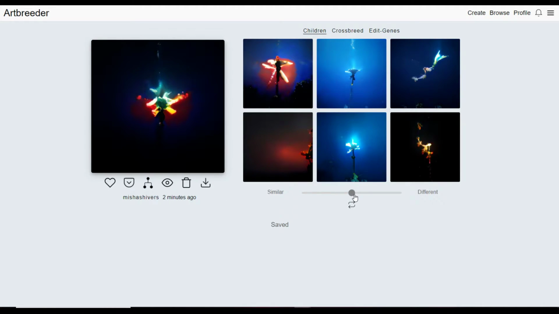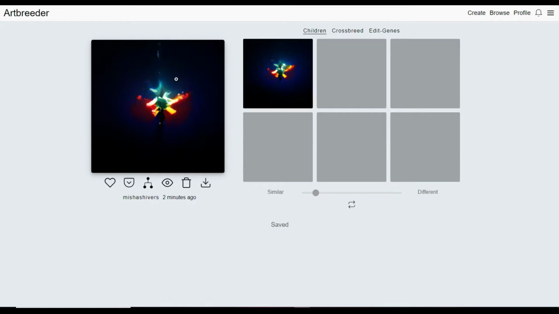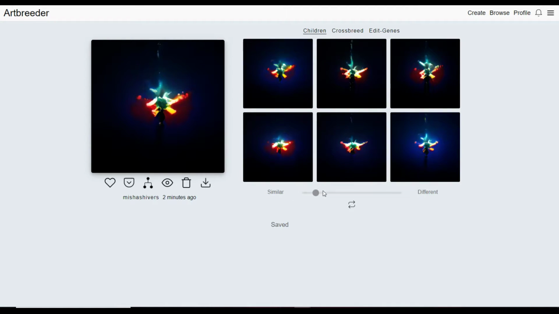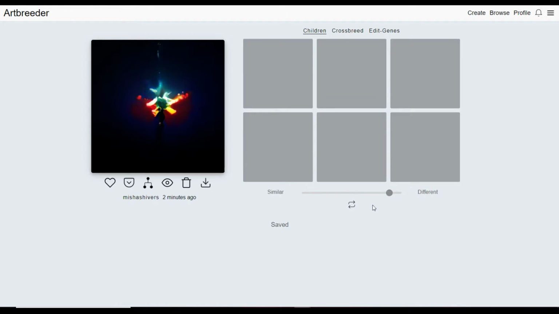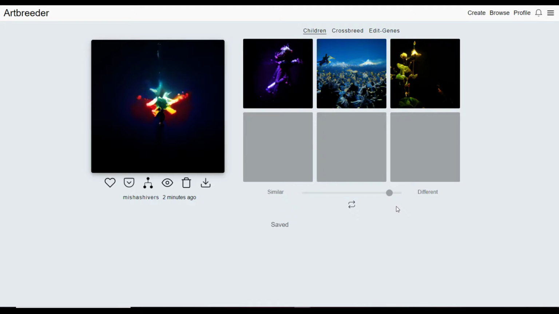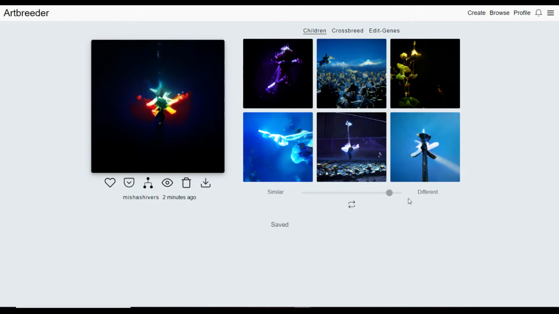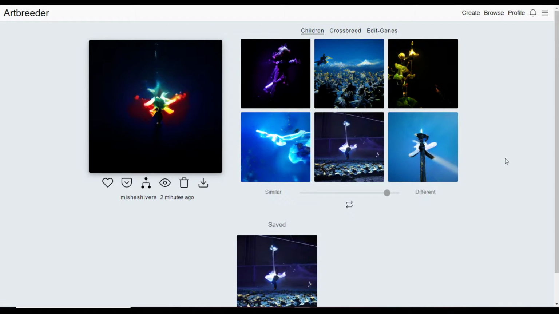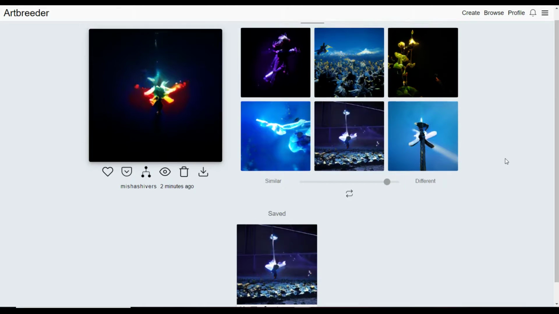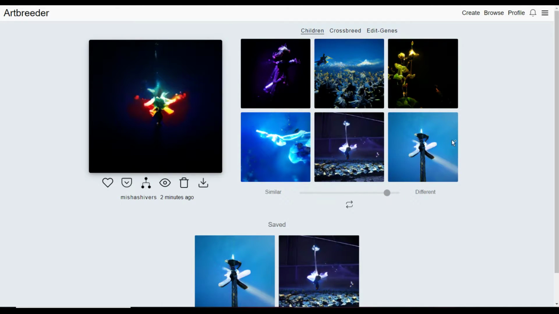There's also this slider here where you can generate images that are most similar to the one that already exists, or you can start getting more extreme with the underlying calculations and make images that are very different from the one that currently exists. I noticed this one seems to have an environment. This one looks like a tower.